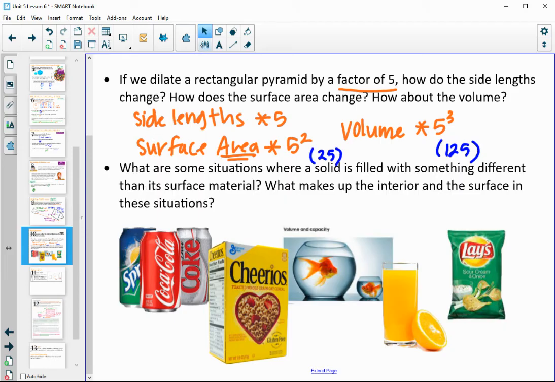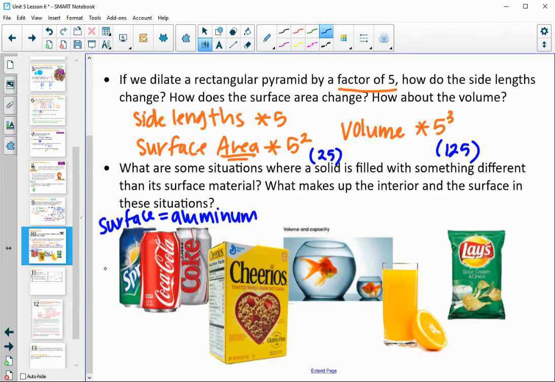So your surface in this would be the aluminum, and then the volume would be the soda, how much it fills.